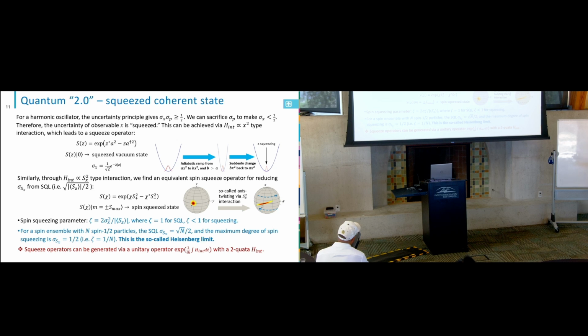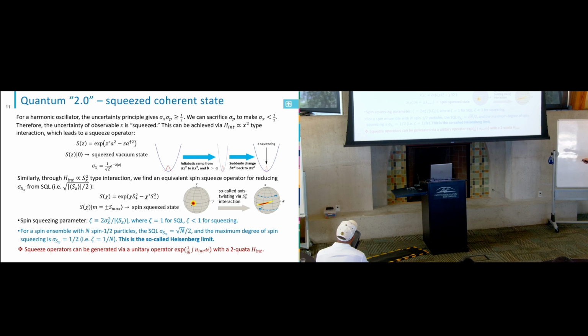When we apply an interaction Hamiltonian like Sx squared, because we know Sx generates a rotation about the x-axis, if we only have a term proportional to Sx, this entire sphere rotates in one direction because it's only linearly proportional to the Sx operator.